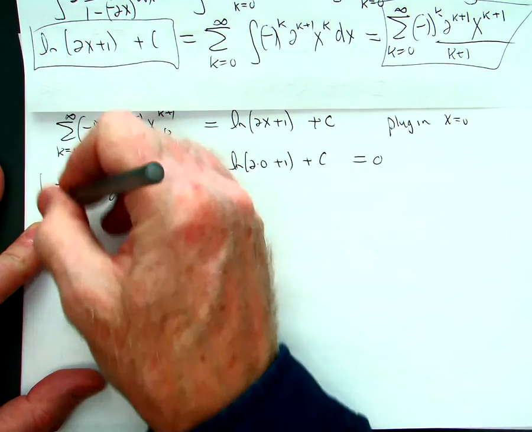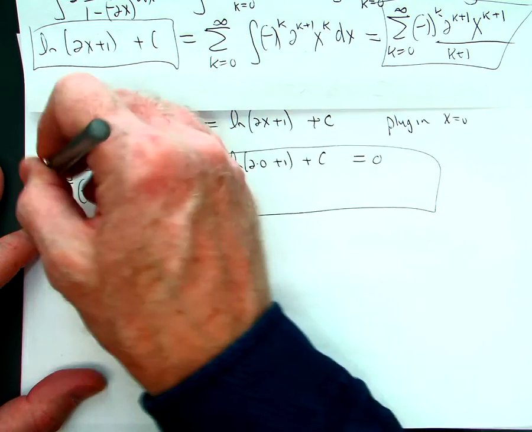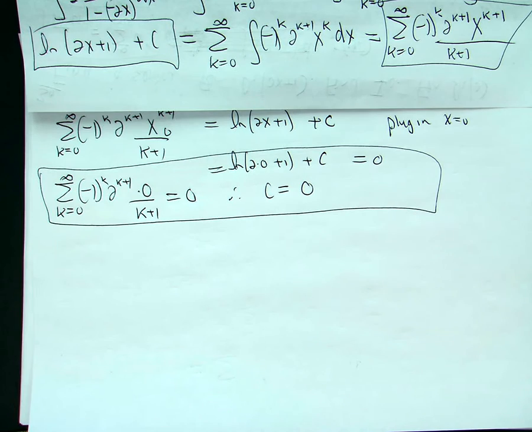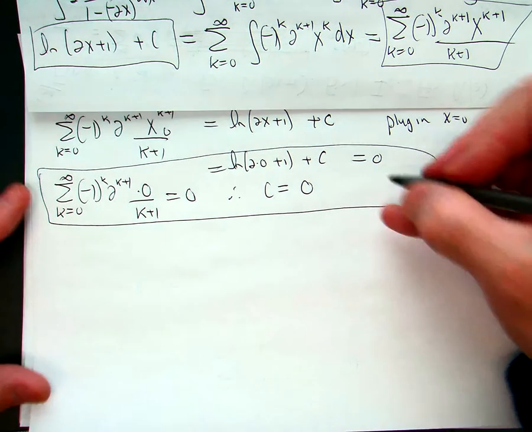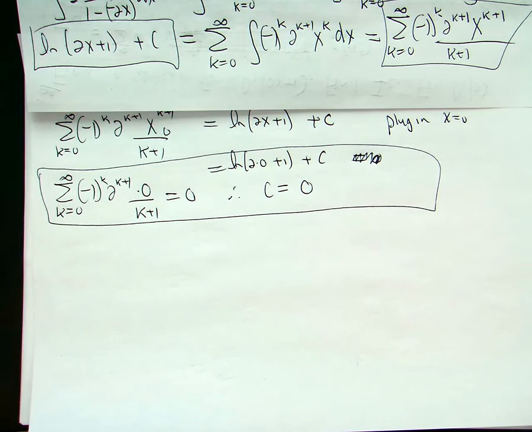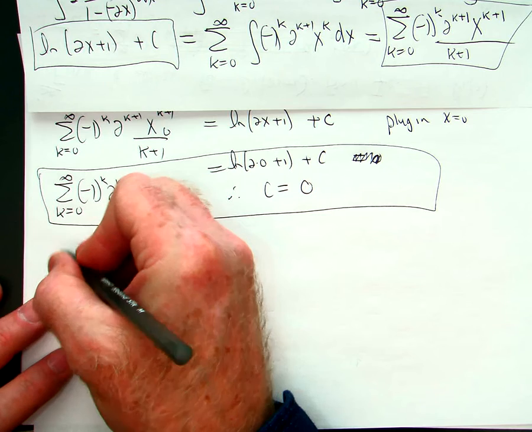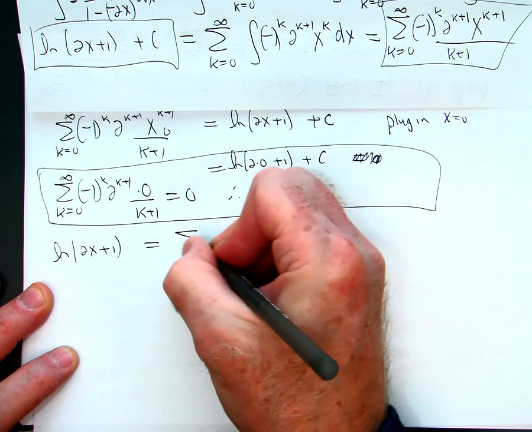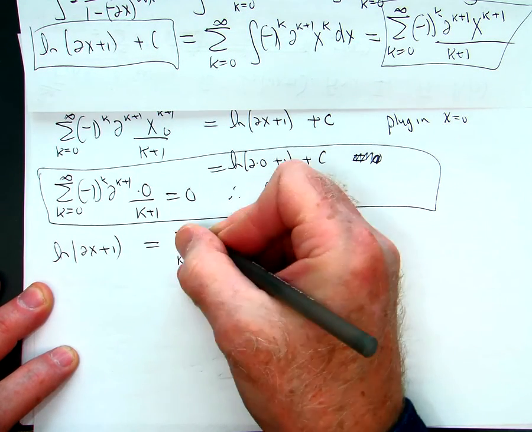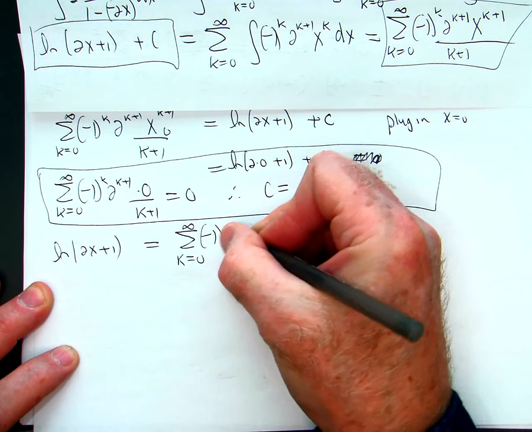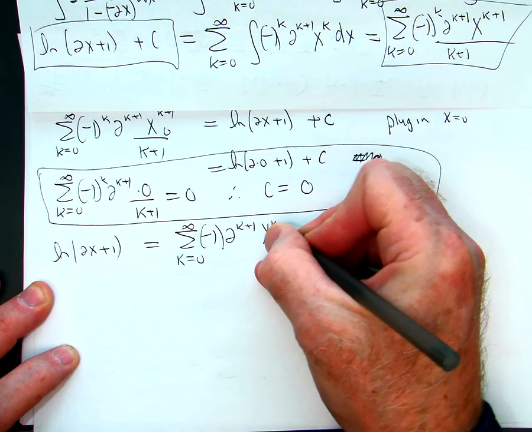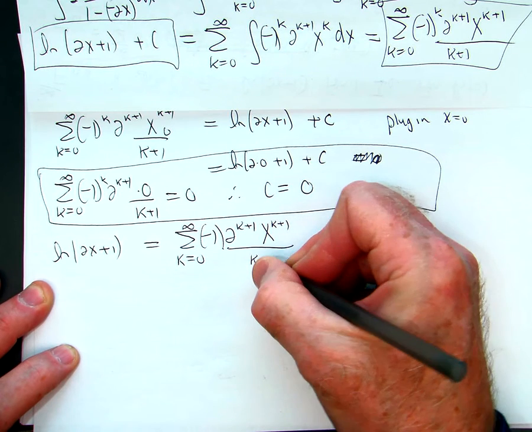So therefore, c is equal to 0. Okay, and we are done. Sorry, didn't get that there. Okay, so then I get natural log of 2x plus 1 is equal to the sum from k equals 0 to infinity of minus 1 to the k, 2 to the k plus 1, x to the k plus 1 over k plus 1.